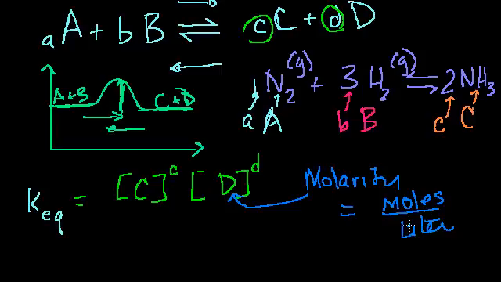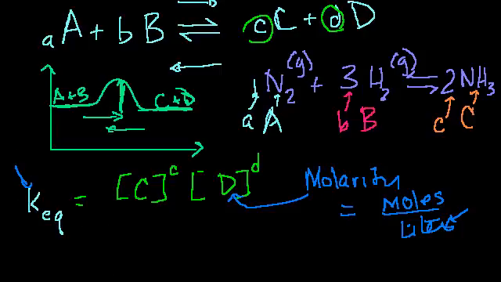And a couple of videos ago, when I taught you what molarity was, I said I don't like it so much because the volume of your fluid or your gas is dependent on temperature. But in this case, it's kind of okay, because this equilibrium constant is also only true for a given temperature. So we assume it for a given temperature, and I'll show you how we use it in a second.